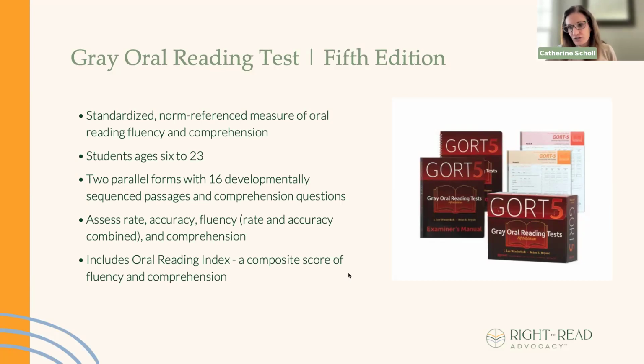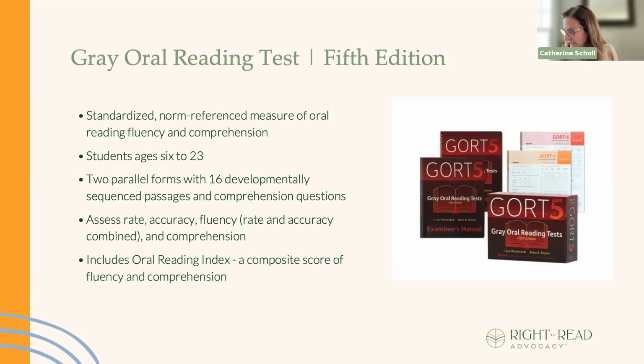And then after they're done reading, we ask them 5 comprehension questions. If they score at a certain place, then we go on to the next story and then the next story until they bottom out. And then we come up with a standard score to assess where their rate, accuracy, and fluency, as well as comprehension, are.